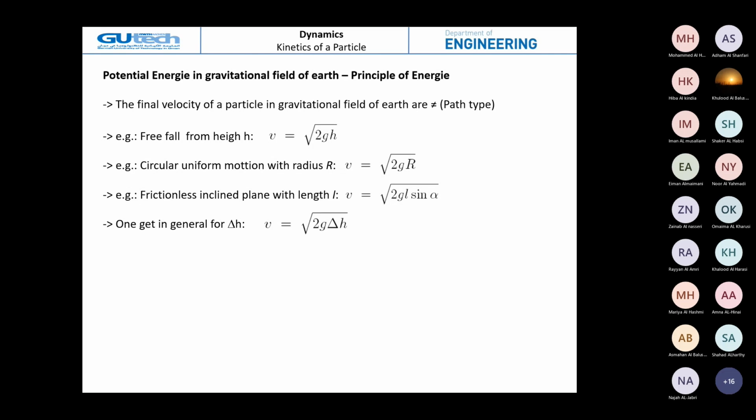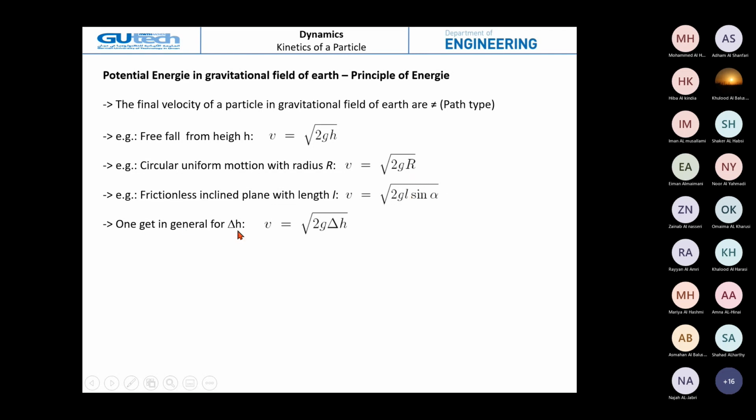If we take the example of free fall from height h, we found the velocity is given by the following relation. For the circular uniform motion, for motion with a radius r, v is given by the following relation. Frictionless inclined plane with a length L, v is given by the following relation.